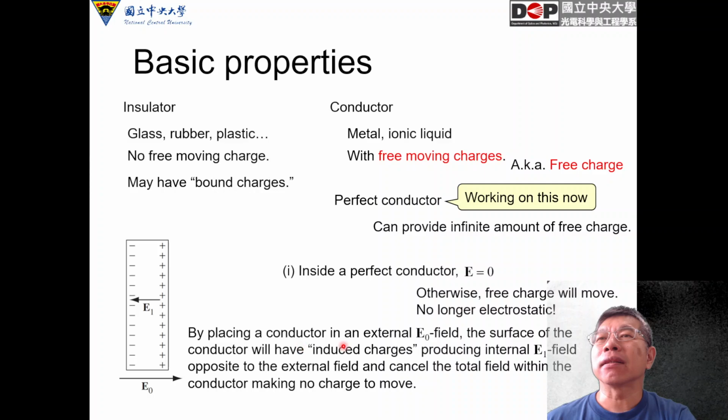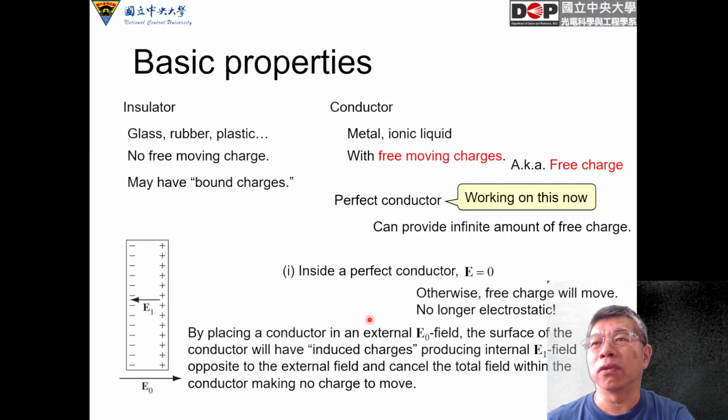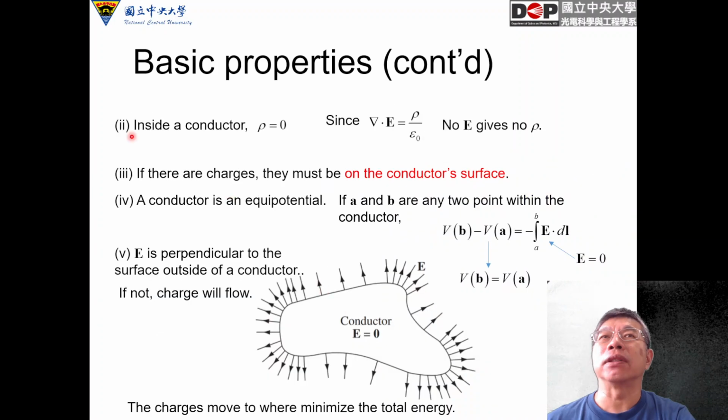By placing a conductor in an external electric field, the surface of the conductor will have induced charge, producing an internal electric field, E_i, opposite to the external field, and canceling the total field within the conductor, so no charge moves. That is something important.